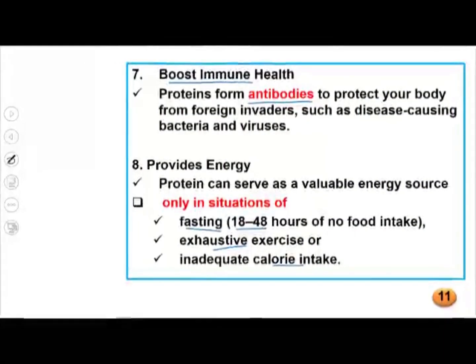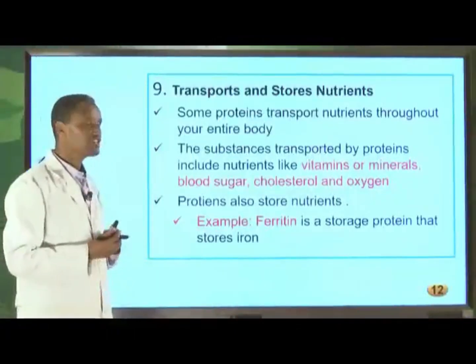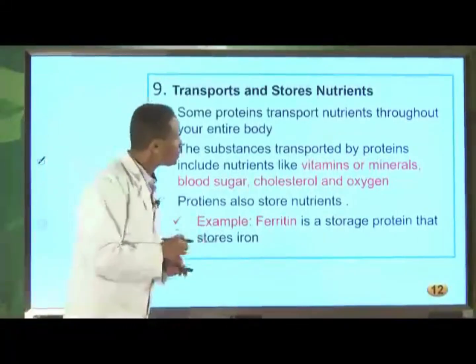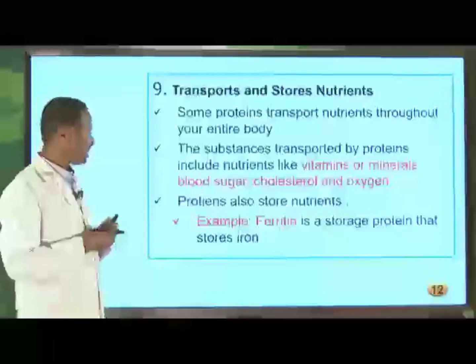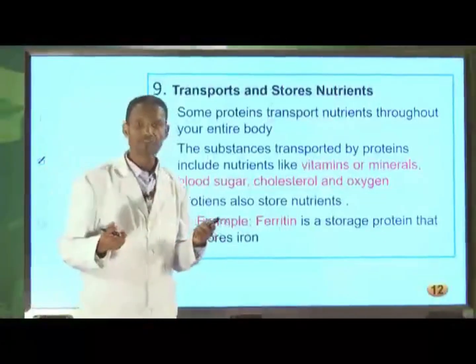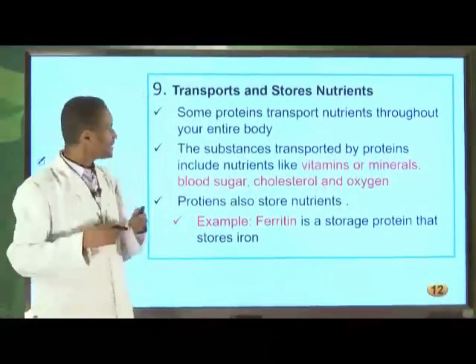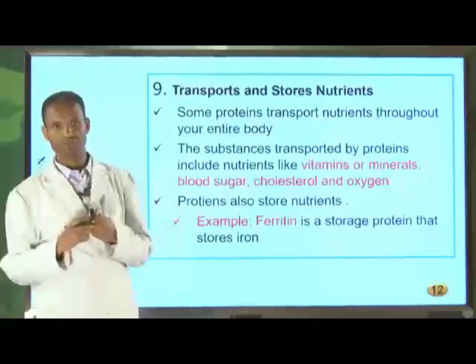The other important function of protein is that it transports and stores nutrients in our body. Some proteins transport nutrients throughout your entire body. For example, hemoglobin, which is found in our red blood cells, carries oxygen and distributes it throughout our body.